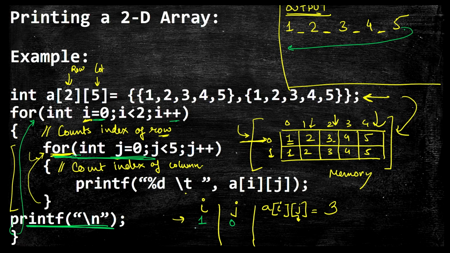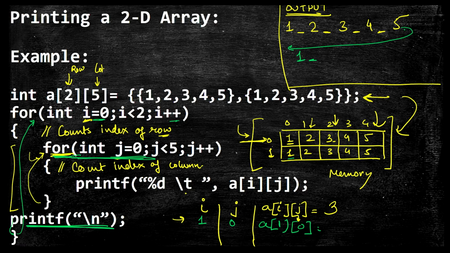So at this point it comes a[1][0]. What do we have at 1, 0? We have 1. That is the 1st row, 0th column, we have 1. 1 is printed, right? After that \t, 1 space.